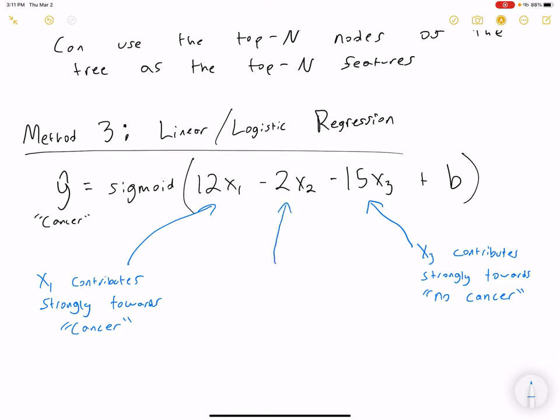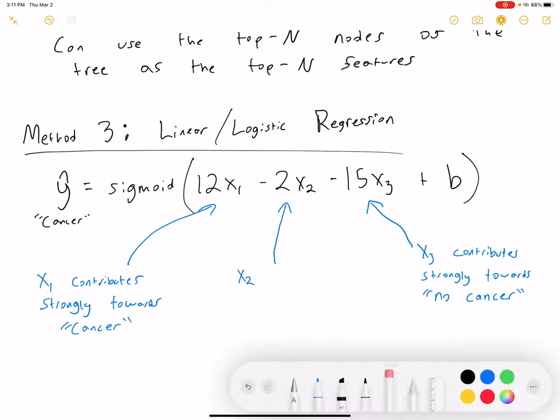And this one, X2, technically does contribute towards no cancer, but it's a really small coefficient, so we could remove this feature because it doesn't have a huge effect on the model.